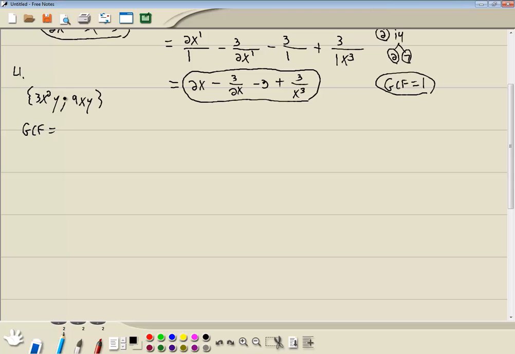We got 3 and 9, so we're looking for the largest number that divides into both those, which would be 3. Now for the x's, we got 2 x's here, we got 1 x here. It's always the one with the smaller exponent. So we're going to bring out x, or x to the first power. And this is y to the first, this is y to the first. The one with the smallest exponent would just be y, or y to the first. So our GCF will be 3xy in that problem.